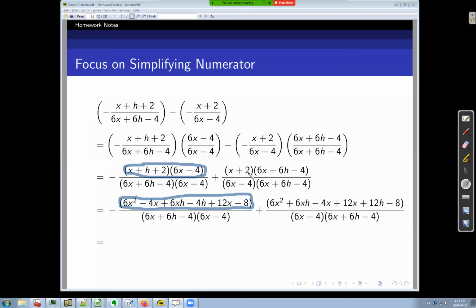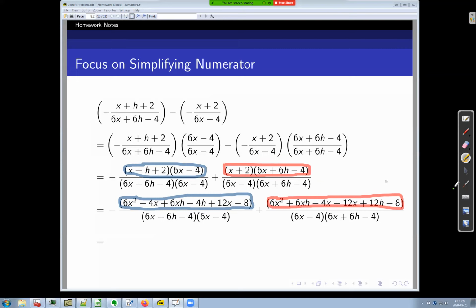And now I have to do it with 2. 2 times 6x makes 12x. 2 times 6h makes 12h. And 2 times -4 makes -8. So this red expression expands to this red expression. All right. So that's cool.